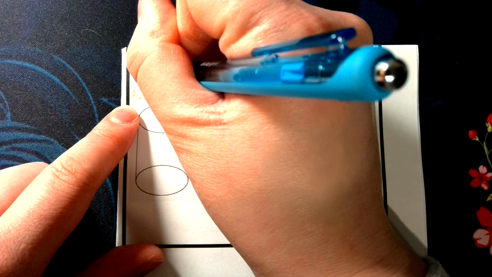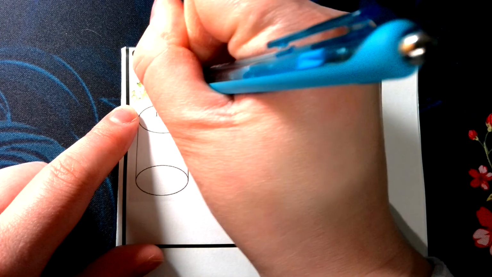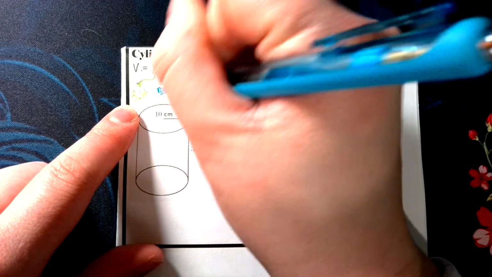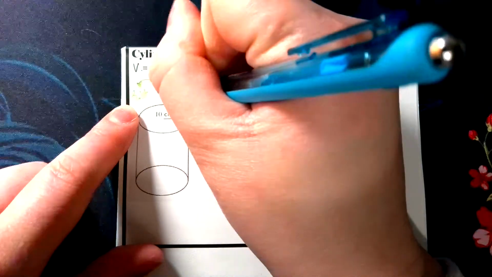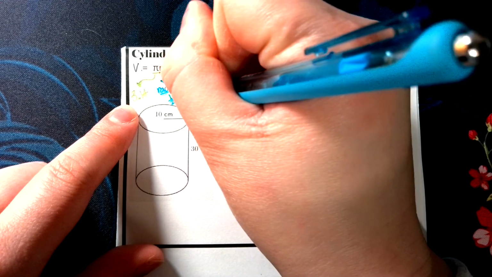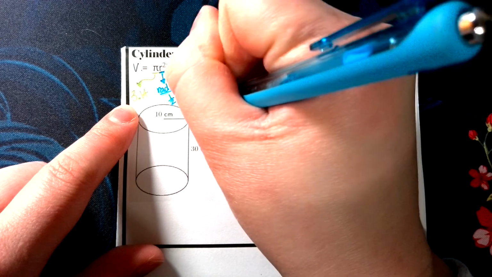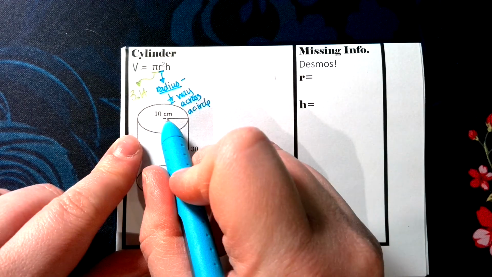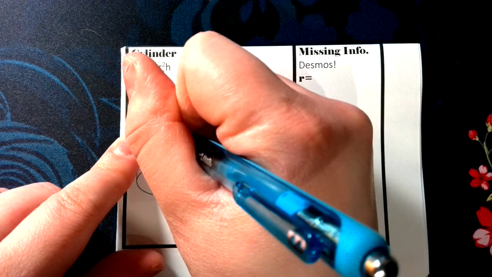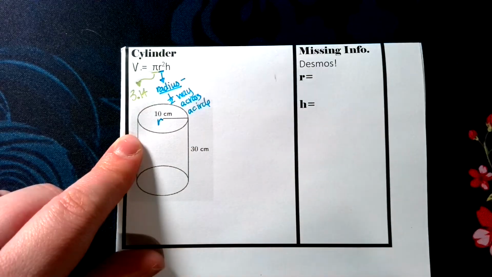Our r, that's our radius. And again, the radius is halfway across a circle. So here, our radius is 10 because that is halfway across our circle.